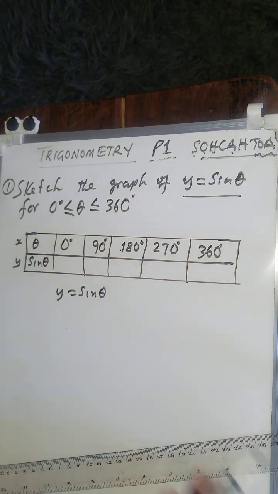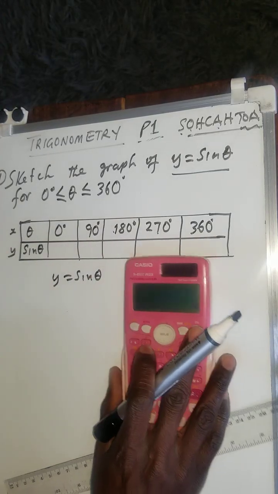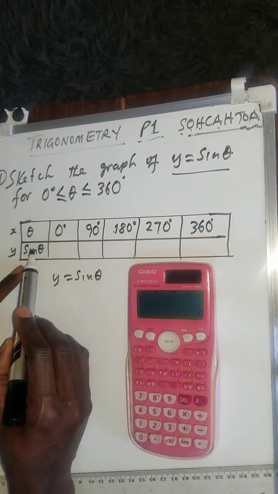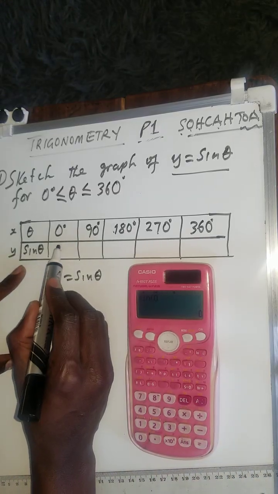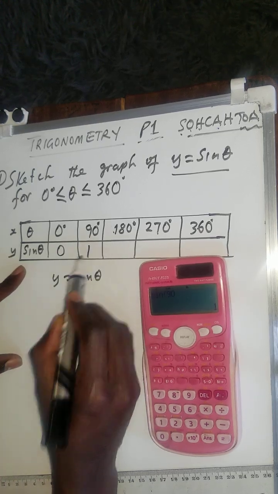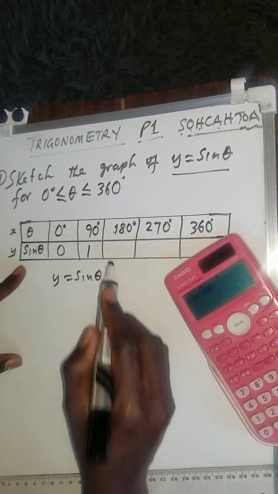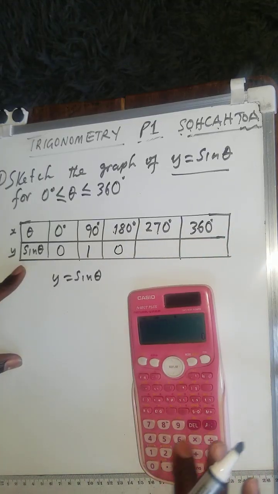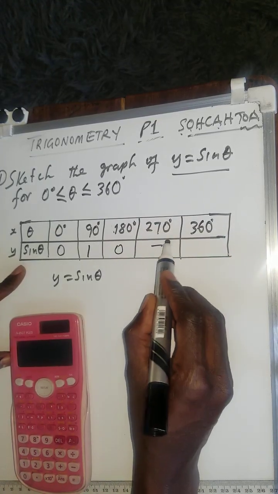This can help you to plot such a graph. So in intervals of 90, you can use your calculator and start replacing. What is sine 0? It is going to give you a 0. What is sine 90? That is going to give you a 1. What is sine 180? That is going to give you a 0. Right? And what is sine 270? That is going to give you a -1.